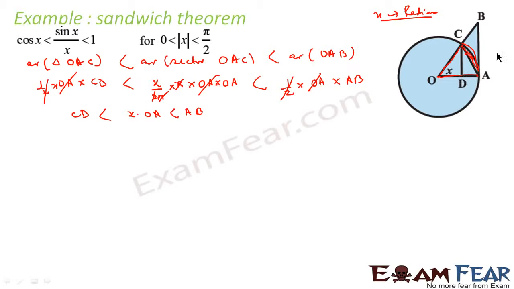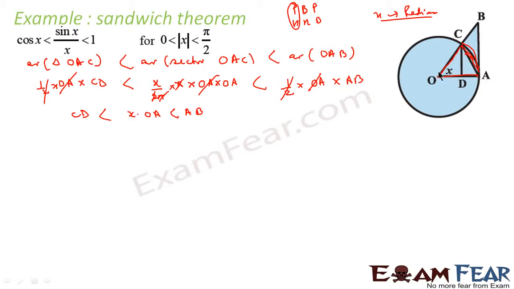So let's try. We'll take this triangle ODC. In this triangle, if you want to find the value of sin x, we know this mnemonic: Pandit Badri Prasad Hari Bol. So sin x is P by H. So P is CD and H is OC, right?